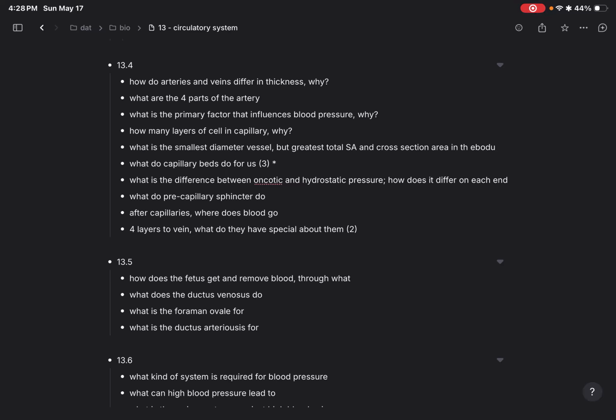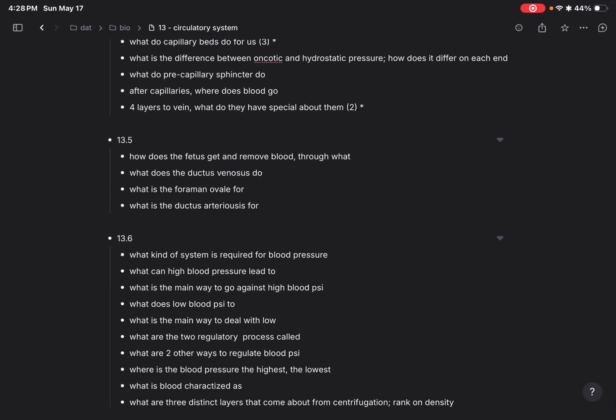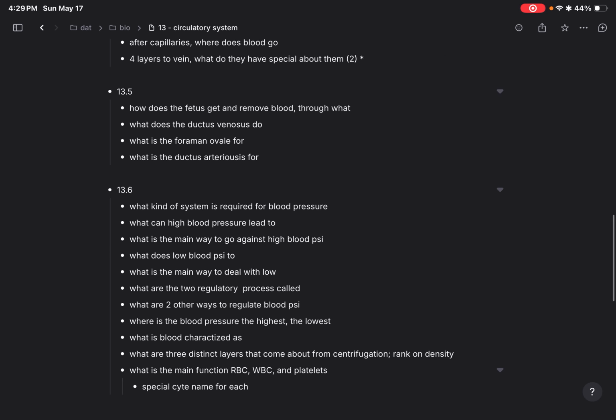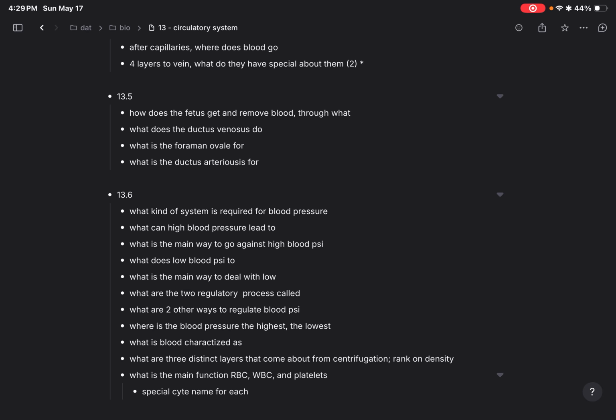There was a fourth layer I remember in the video, but I guess I'll just look into that later. But the thing they have special about them: the inner layer is the endothelial, then they have the smooth muscle layer, and then the connective tissue on the outside. The special things about veins, like I said, they have valves that prevent blood from backwards flow, and they also use the smooth muscle contractions to help pump blood.